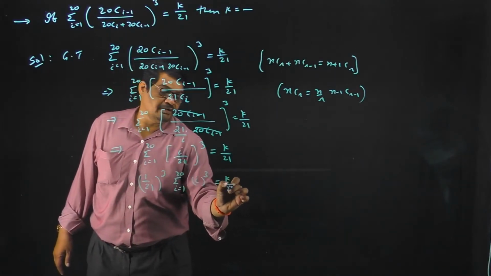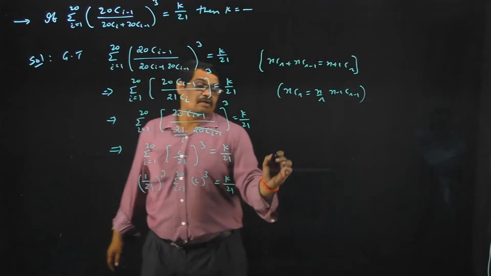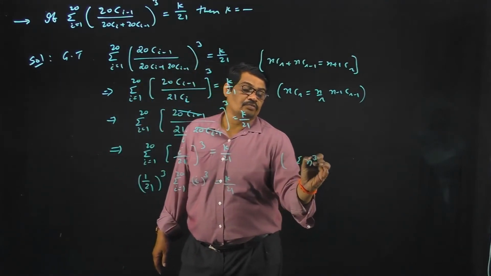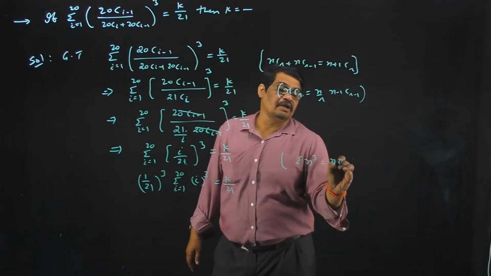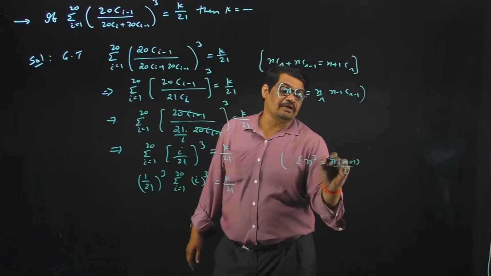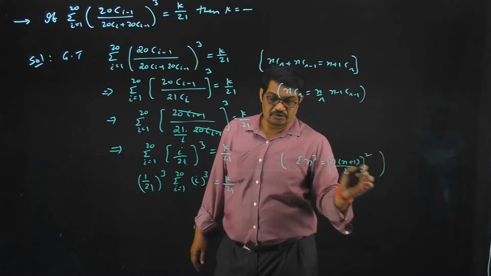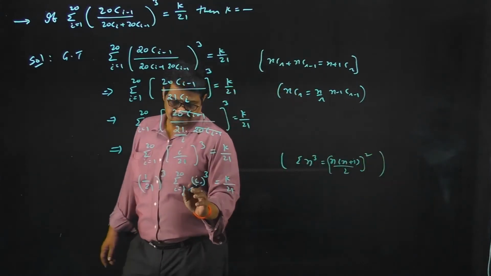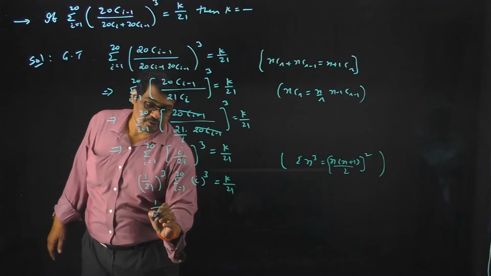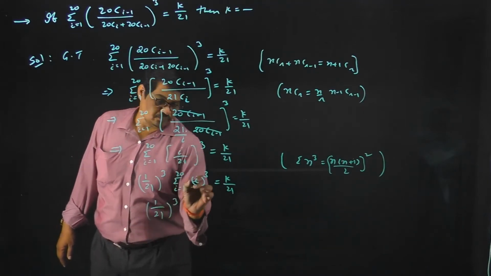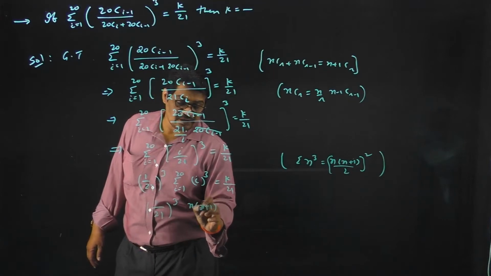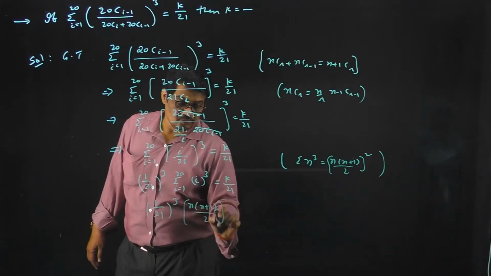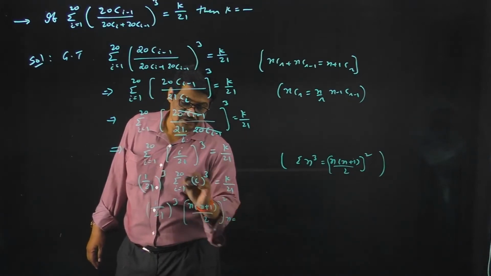Here using the formula for sigma n cube, the sum of cubes of n natural numbers, the formula is n into n plus 1 by 2 whole square. Using this formula, here n is 20.